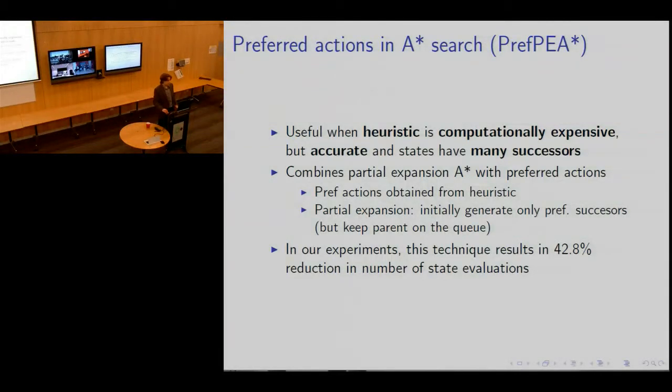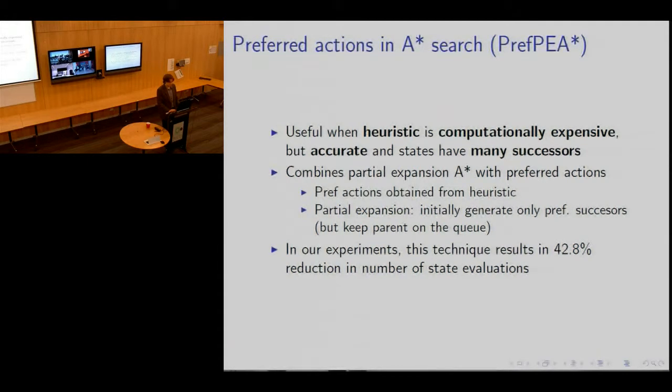The technique that we've devised is useful when the heuristic is computationally expensive but accurate, and states have many successors. That is the case with our power network problem. So our method combines partial expansion A star with preferred actions.